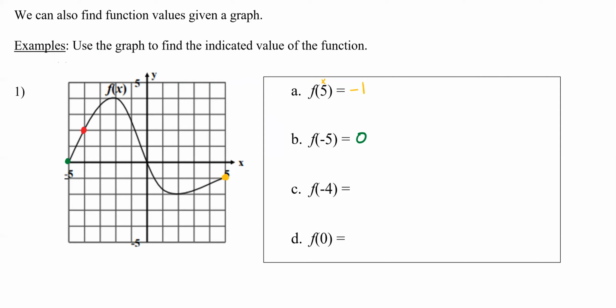And what is the y value? It is 2. In letter D, if the x value is 0, then the y value is 0. So all you're really doing is looking for the ordered pair. I give you the x value, you tell me the y value.